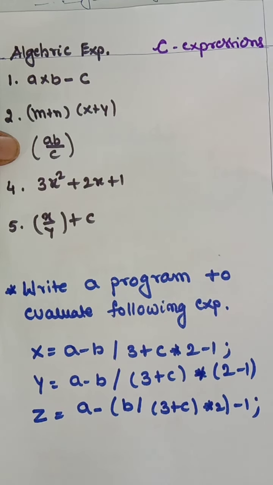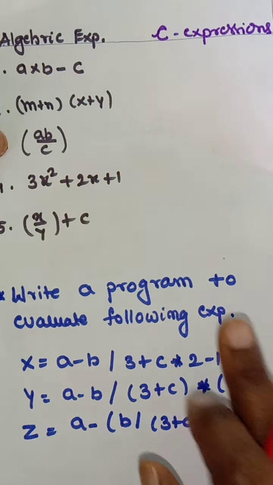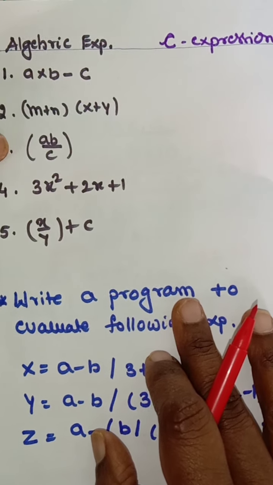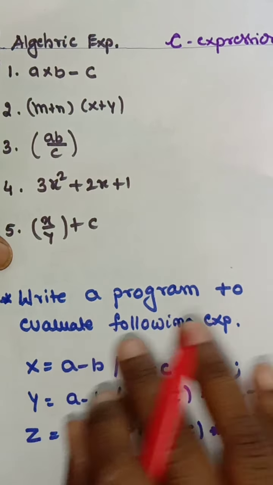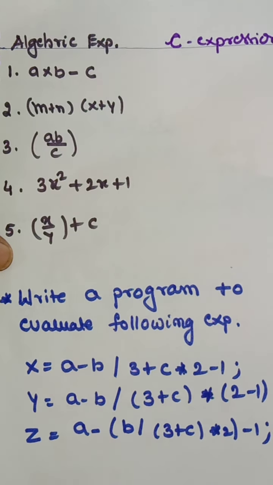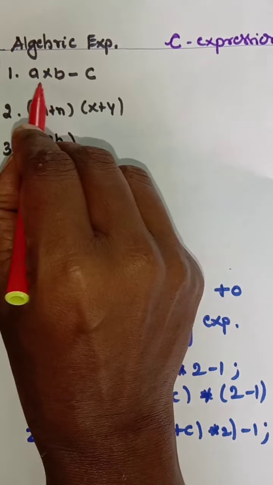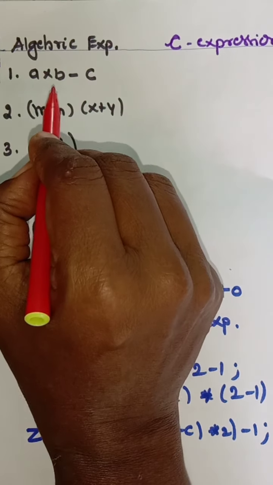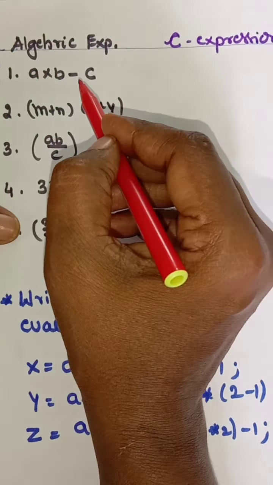Okay, just wait, I will maximize. So in the first question, here I have taken 5 questions. a into b minus c is our simple algebraic equation. Let us convert this simple algebraic expression into a C expression.